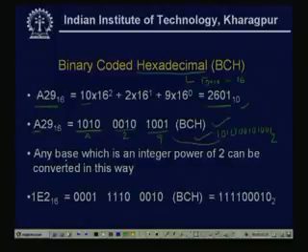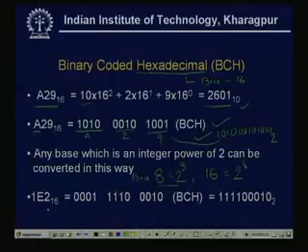So, any base which is an integer power of 2, say 8 means 2 to the power 3, that means octal, or 16 for the hexadecimal case, which is the fourth power of 2, can be converted in this way. This is a very simple way, but the only restriction is that the radix or the base must be a power of integer 2.